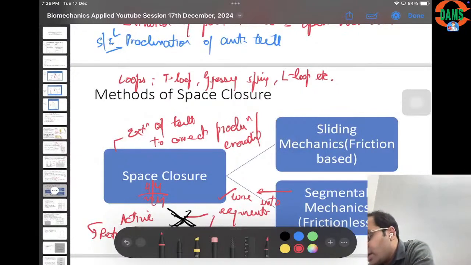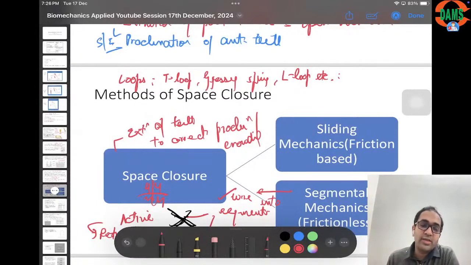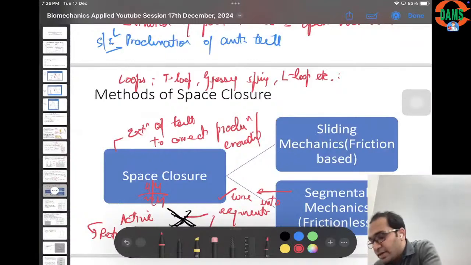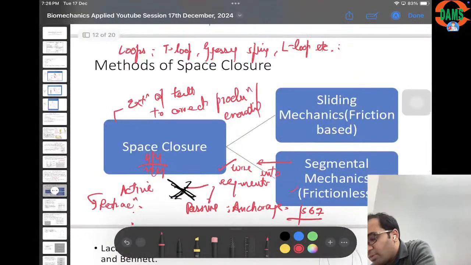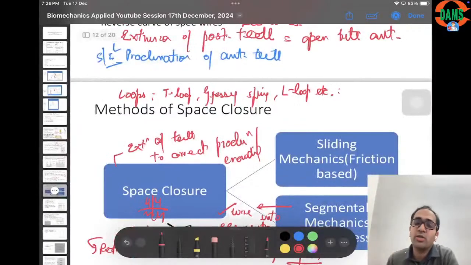The active segment is pulled back. So there is no translation or movement of the segment on the wire. What is happening is we pull the wire, and along with it the attached active segment comes along. That is why it is frictionless mechanics. Why? Because there is no sliding of teeth on the wire.